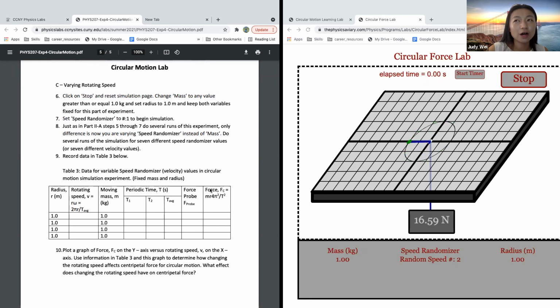You can tell based on your experiment how they're related, and what effect changing the rotating speed has on centripetal force. So when you increase the speed or decrease the speed, what can you tell? What does the centripetal force change with? So you can list your discoveries here.